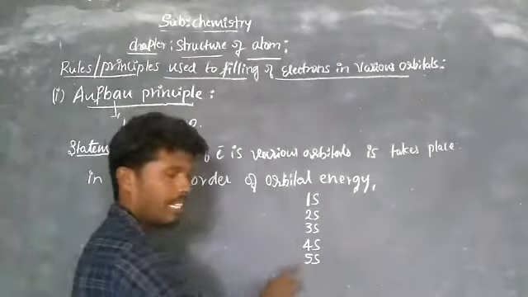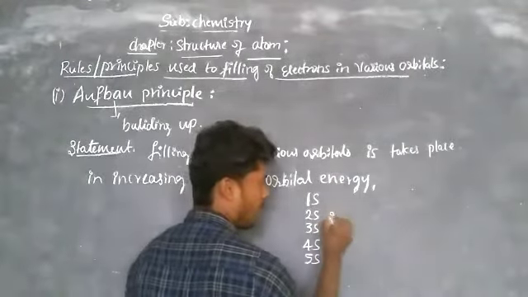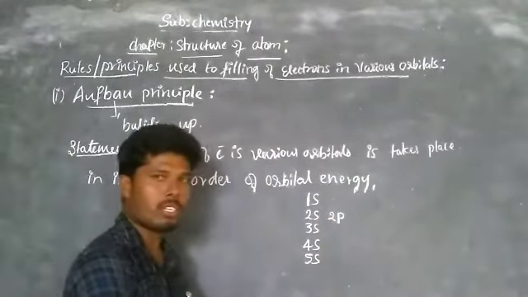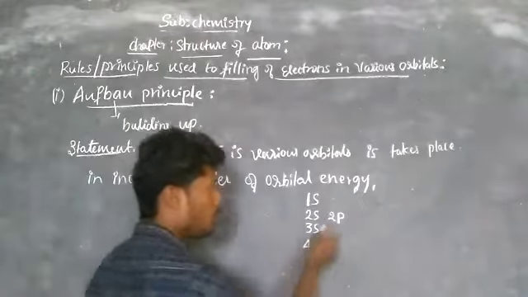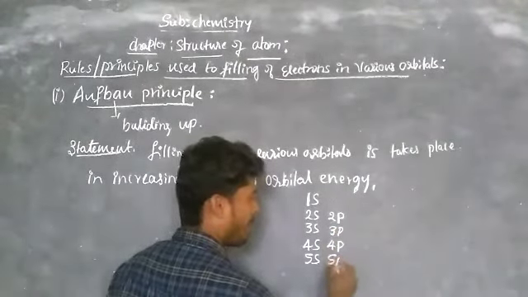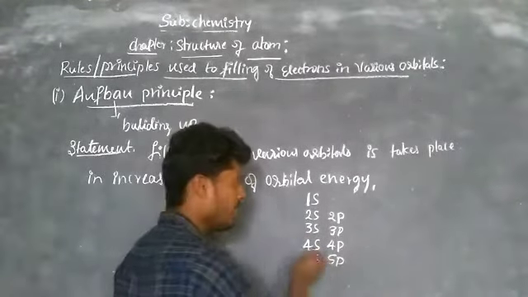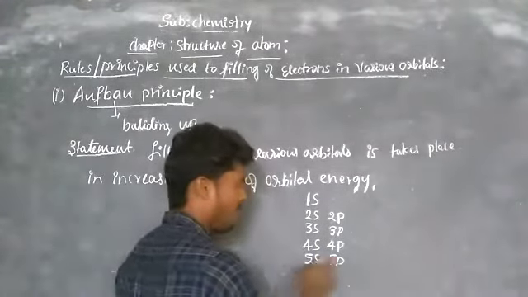This s is the l value, the azimuthal quantum number. Then after 2s write 2p by leaving the first row: 2p, 3p, 4p, 5p. After 5s there is 6s. Just I am writing up to 5s.